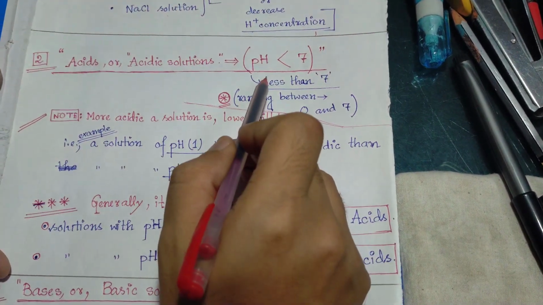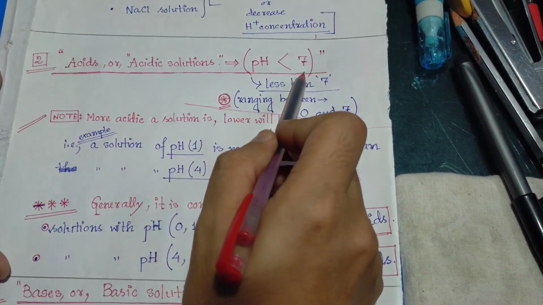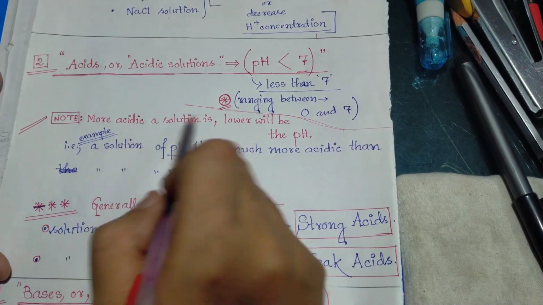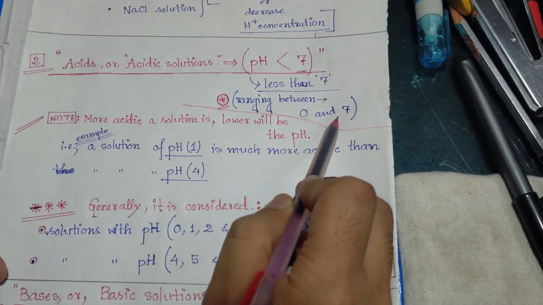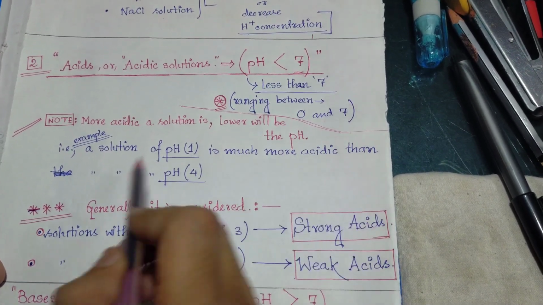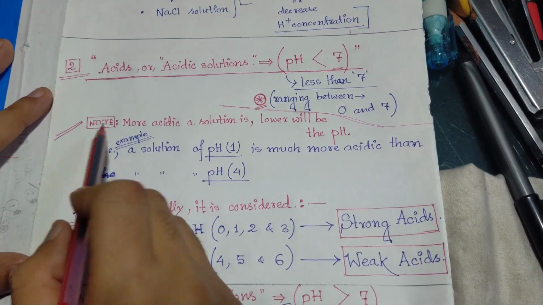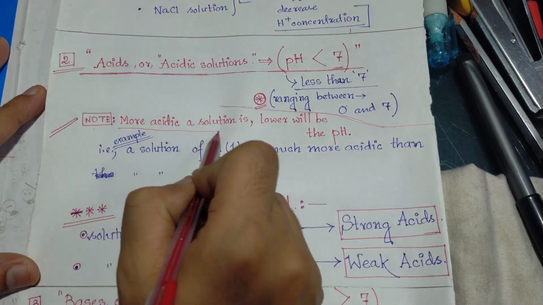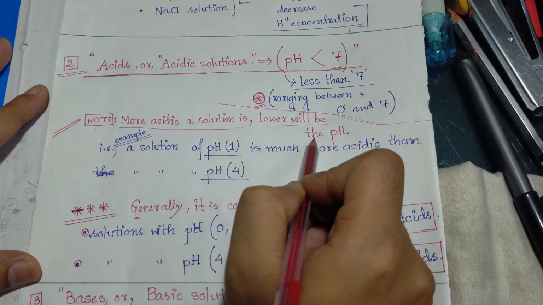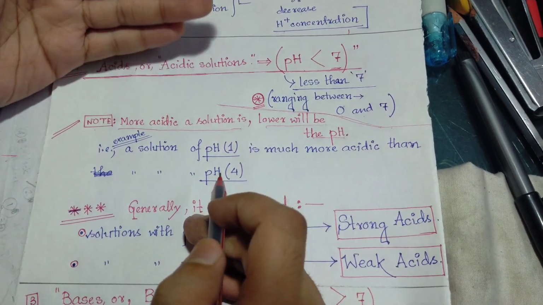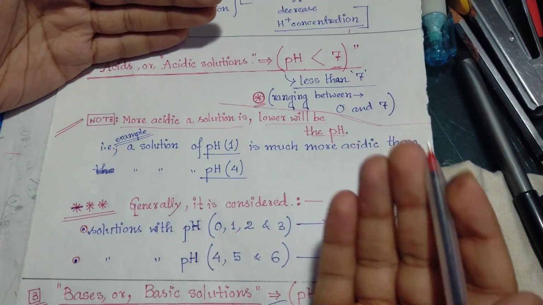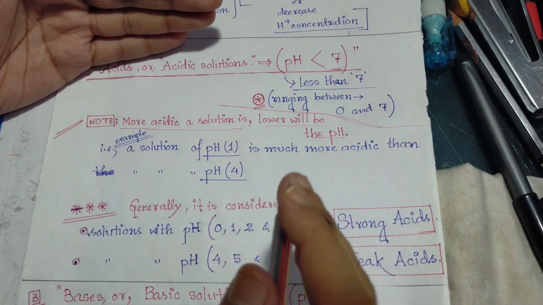Now the next rule for pH is for acidic solutions. For acidic solutions, pH is always less than 7, ranging from 0 to below 7. An important note is, the more acidic a solution, the lower will be the pH. That is, the more acidic a solution is, its pH value will be lower and lower from 7.